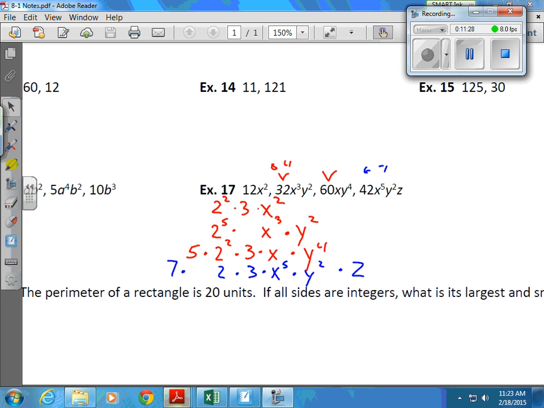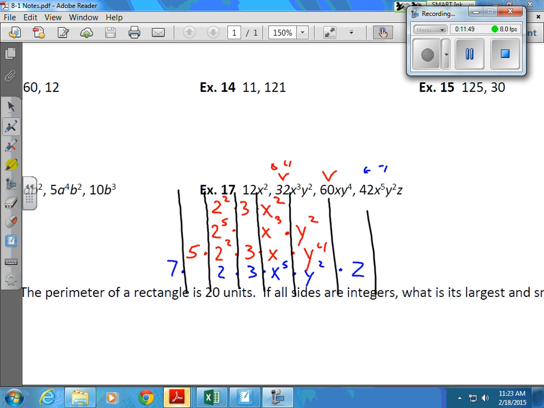So I broke it down, and then I also arranged and organized it, so maybe it'd be a little bit easier for you to see. I put all the 2's right here, all the 3's, all the x's, all the y's, z's, 5's, and 7's. Unless they all have something in that column, it won't be a common factor. They don't all have a 7.